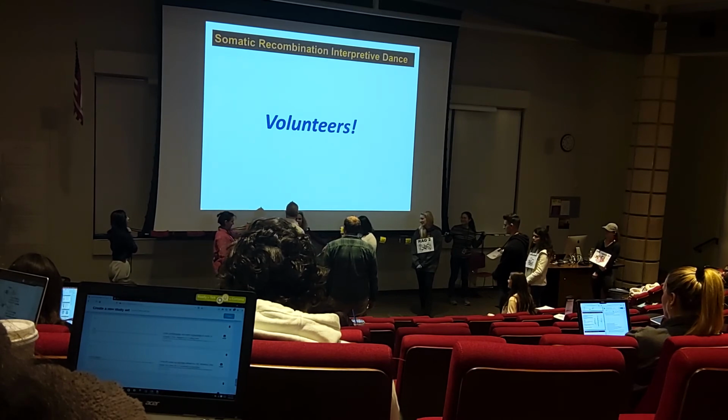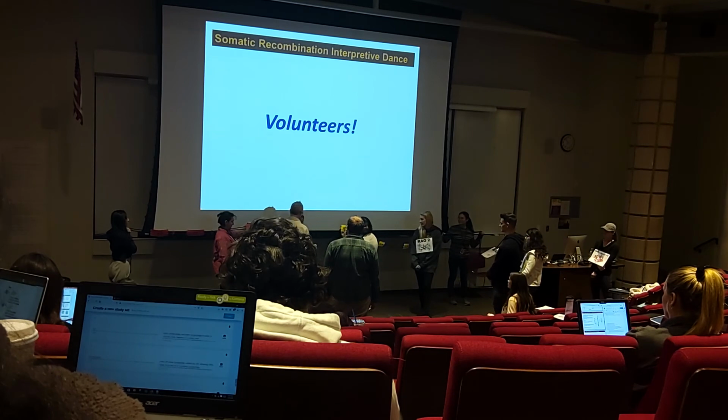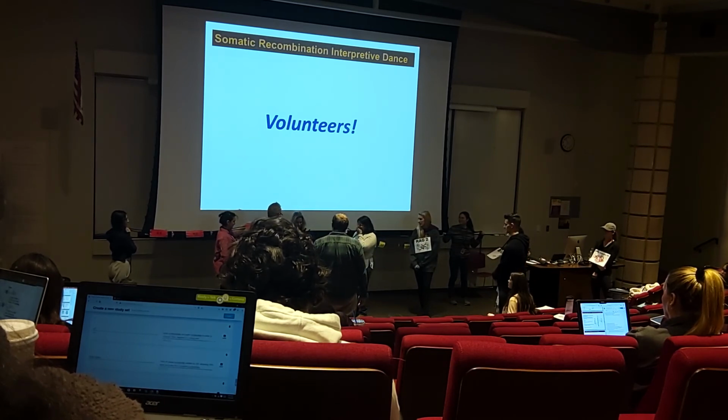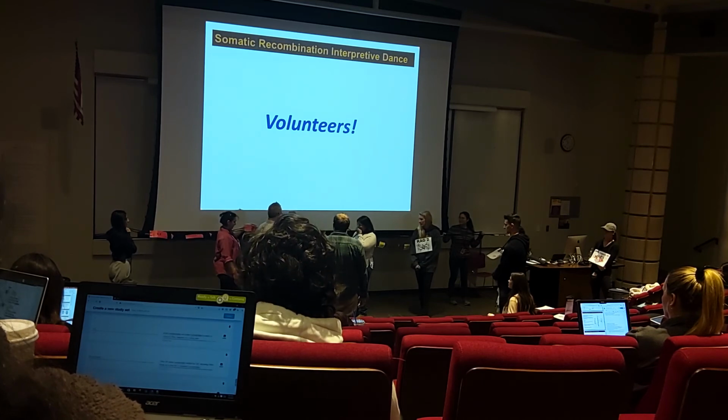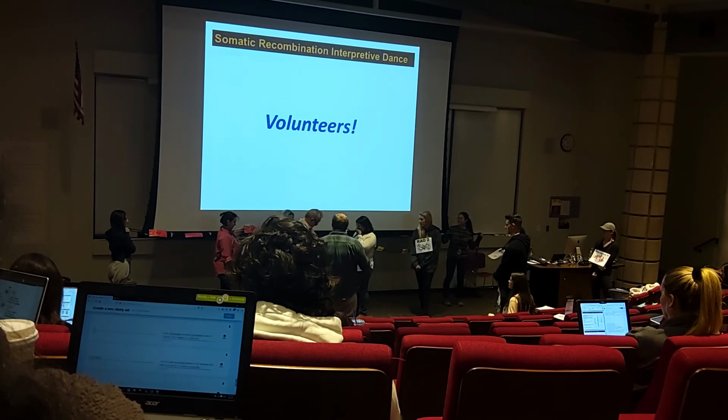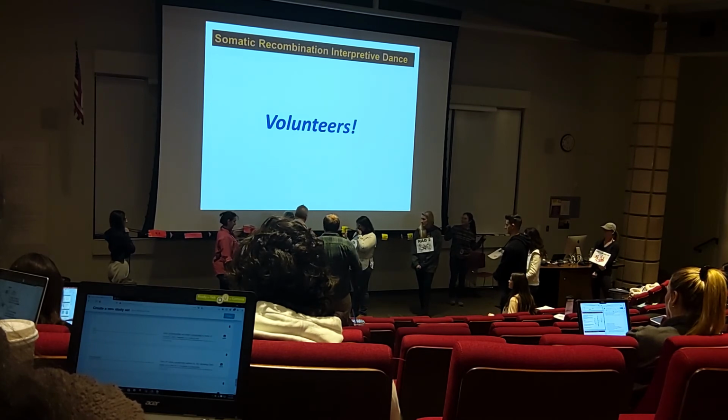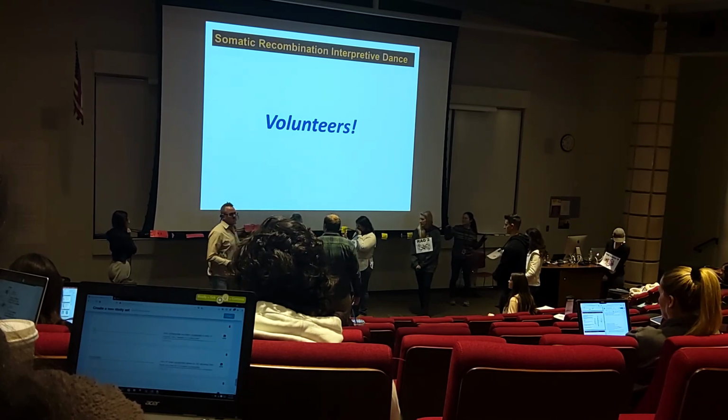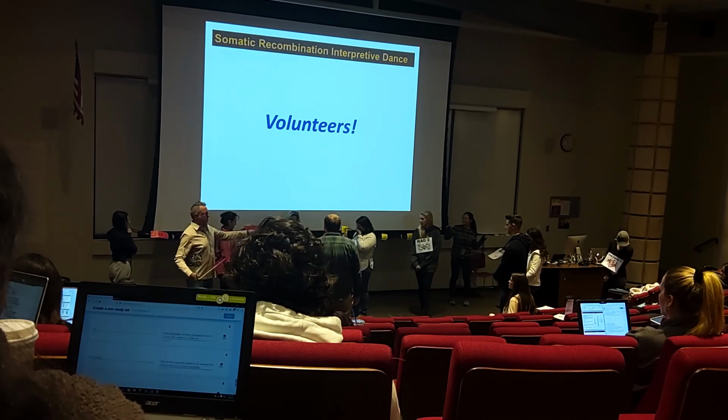Do we add them all the way? We've got to add some from this side and some from that side. Well, you've got to start adding them. It's not your job to cut them off. So you just add some there, and we'll give you some on the other side. So TdT starts adding non-templated nucleotides.